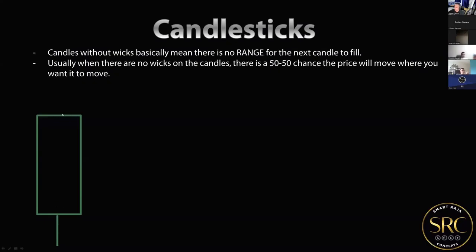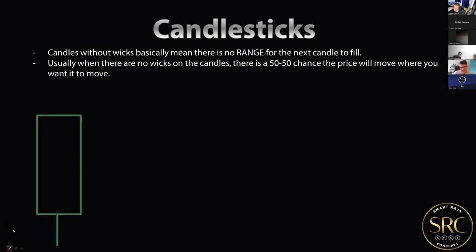And if someone's going to ask, what if a candle has no wick at the bottom? Just relax. It's coming, right? If a bullish candle has no wick on the top, this means there's no range for the next candles to move up. This also means that if this candle had a wick on the top, the next candle can come down and move up because you got this range here to the left-hand side.